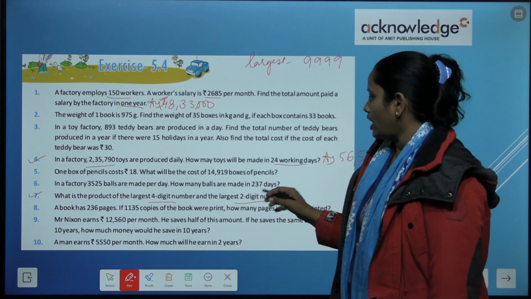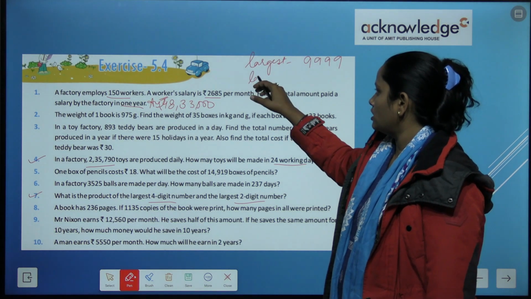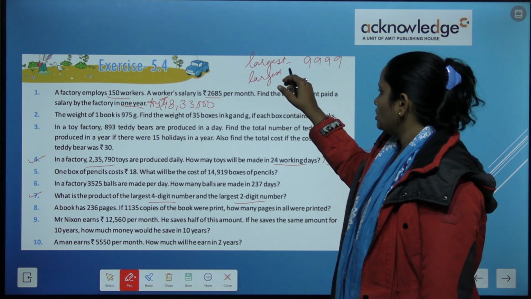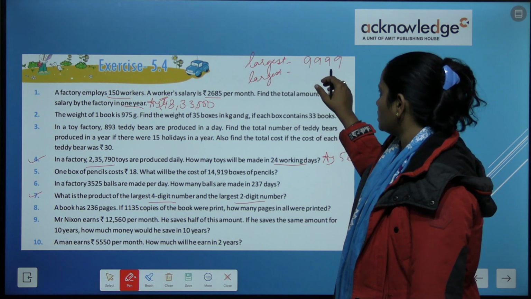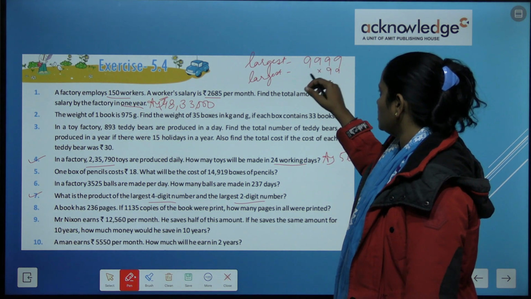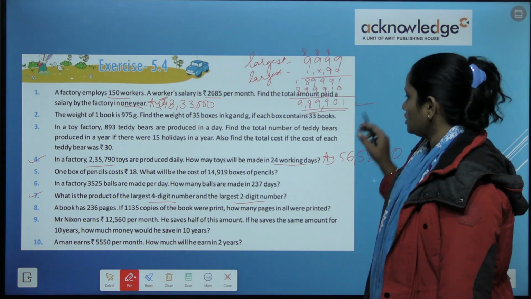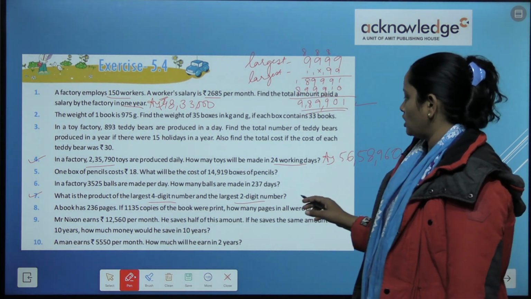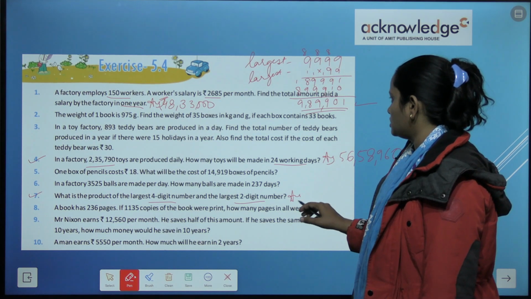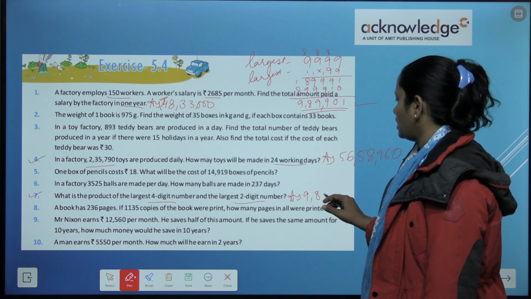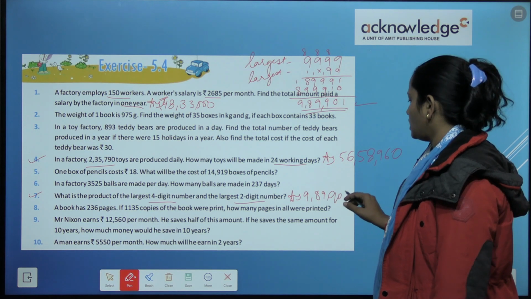And largest 2-digit number is 99. So अब हम जब इन्हें multiply करेंगे, we will get the answer. So children, on multiplying these two numbers, we get the answer 9,89,901.